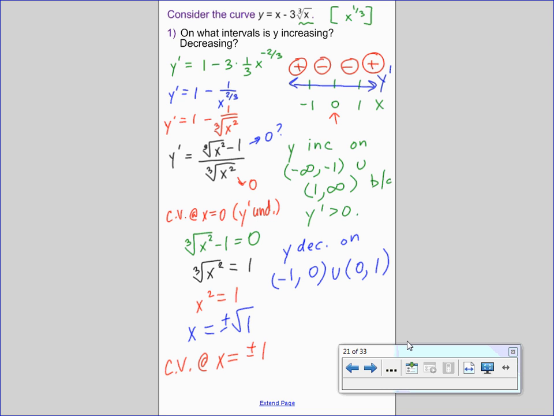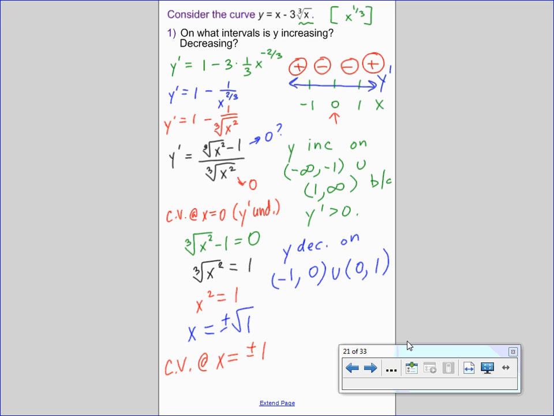Why am I not including x equals 0 on my interval of decreasing? y prime was negative before, y prime was negative after. So, did y switch from decreasing to increasing there? No, and yet I'm choosing to use parentheses there. How come? Well, y prime was undefined there, which means y prime was, in this case, infinite, which means what type of feature would y have?